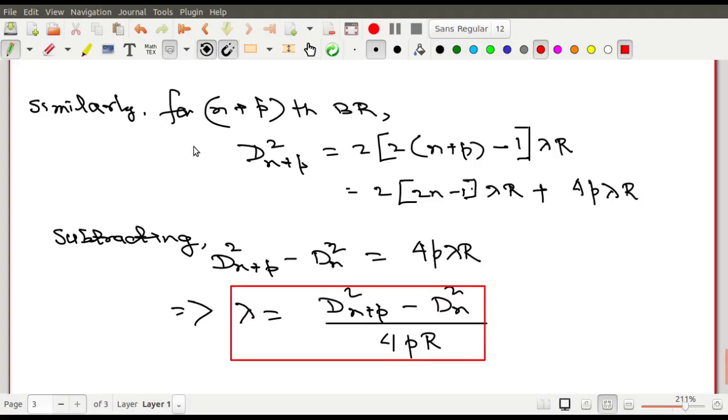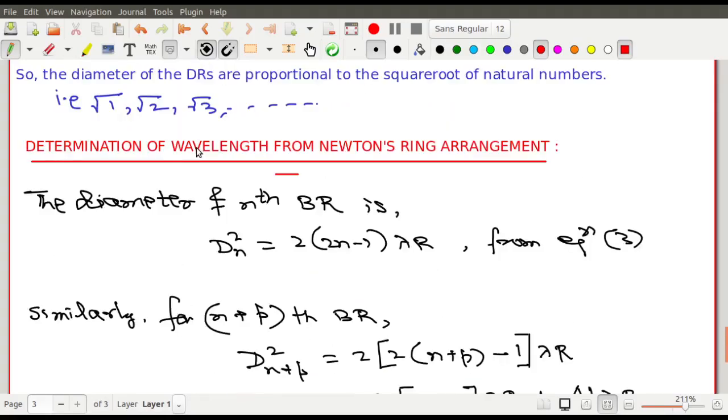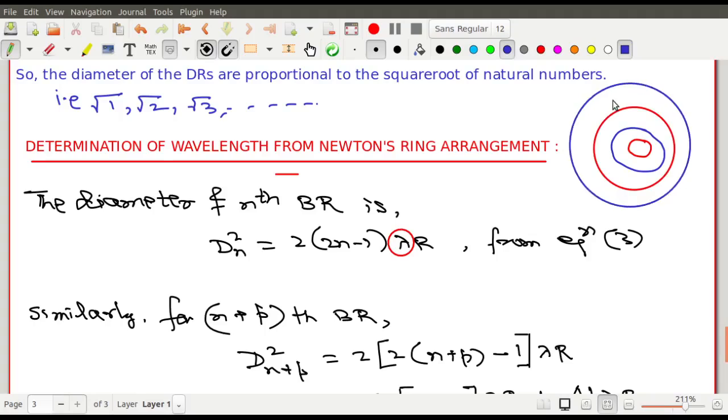Now the basic question that arises here, which I also thought about for a long time, is whether this formula is capable of finding the value of lambda, because whatever you measure in this experiment is the diameter of the ring. These are the different order rings: a bright ring, then a dark ring. I draw them in two different colors to distinguish. Suppose the red ones are my bright rings.